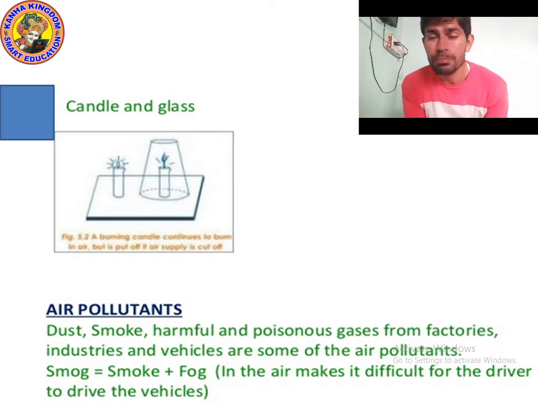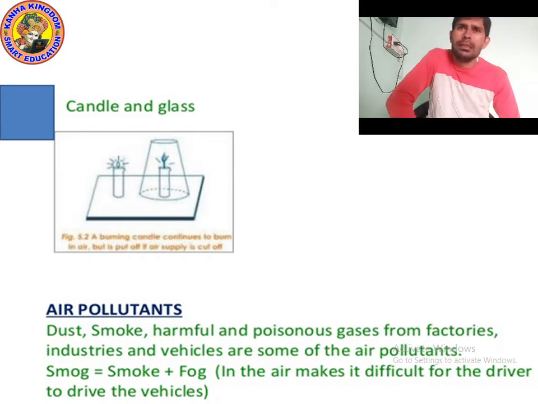So it is harming our environment. So it is causing air pollution. So what is carbon dioxide? Carbon dioxide is an air pollutant. There are different types of air pollutants, as you can see on the screen.